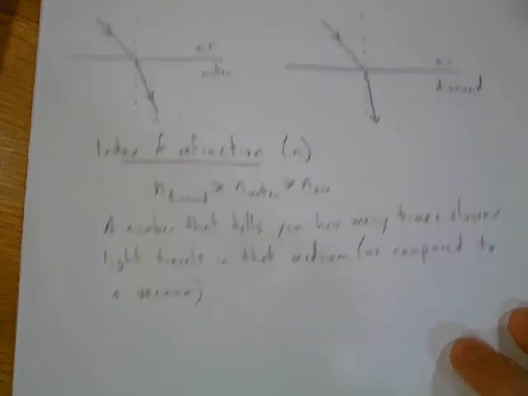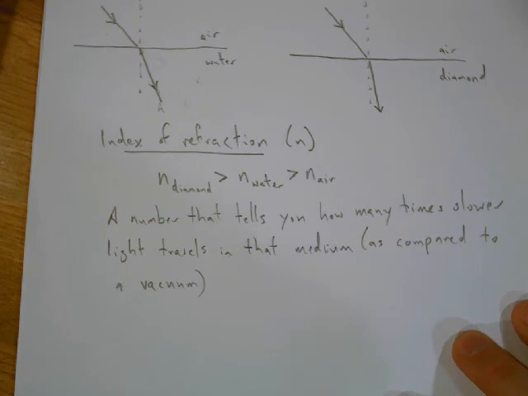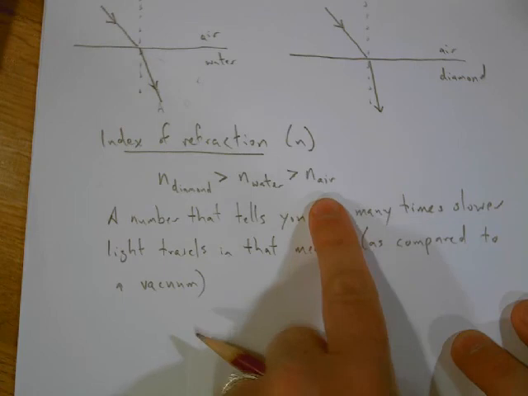Okay, so it's a number that tells you how many times slower light travels in that medium as compared to a vacuum. So let's take a look at this.